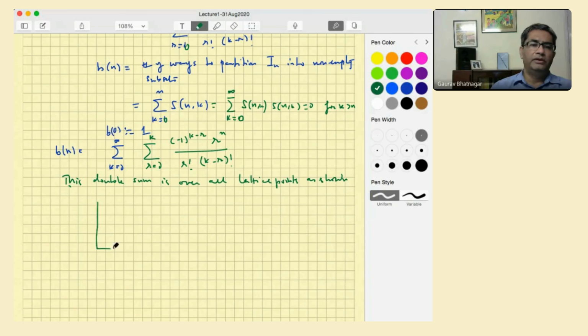So what we do is we draw a picture, and let's say this is r, this is k. So for k equal to 0, r goes from 0 to k. So to draw this line, r equal to k, then this is the region where it's going.